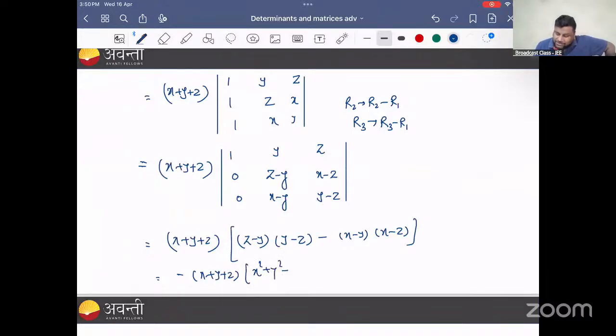You get X square plus Y square plus Z square minus XY minus YZ minus ZX. Understood? Have a look. Done?